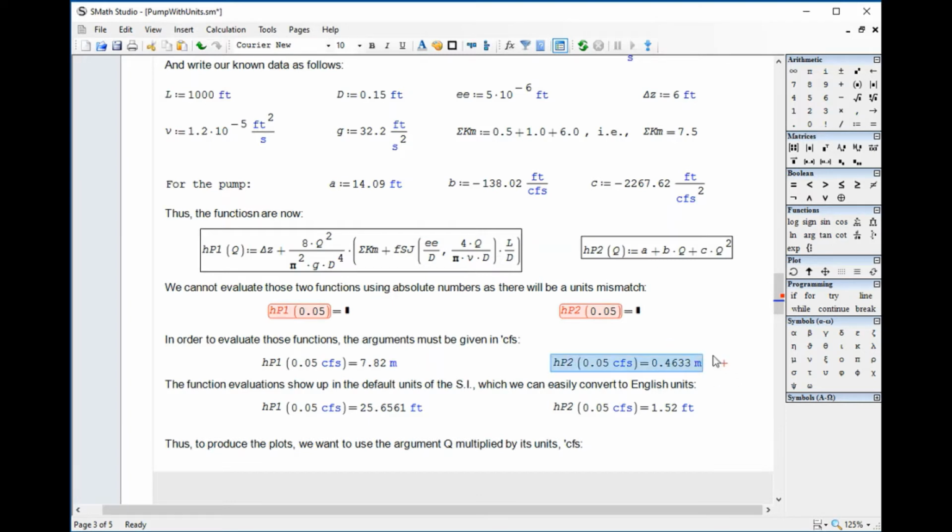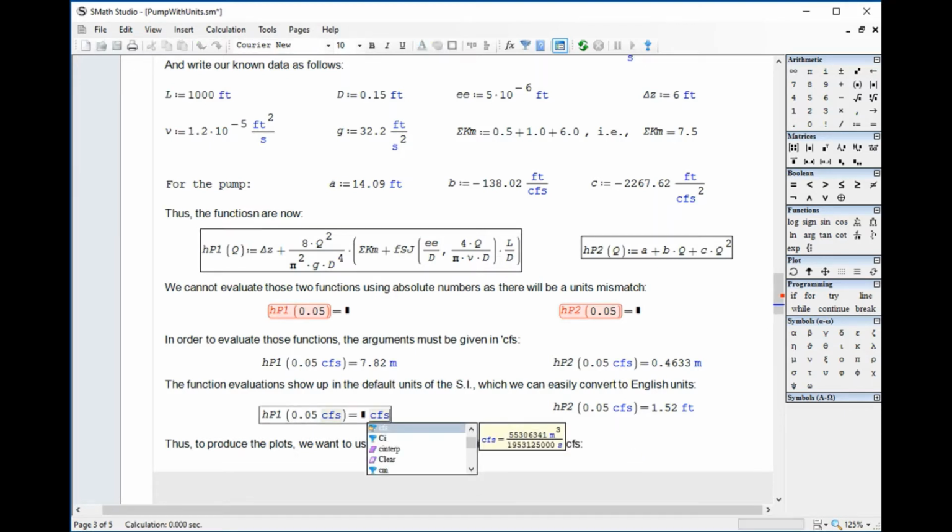I tried the same here with HP1 of 0.05 CFS, and HP2. And then I have to change them to feet. I'm going to show you how to do that. You're just going to copy this, Control C, Control V, click somewhere else, click on this placeholder and type quote CFS.